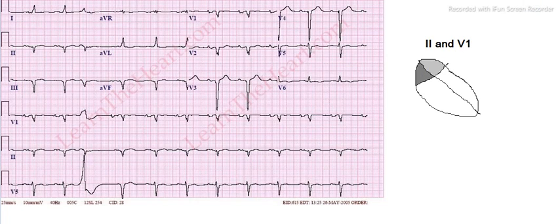When we draw a vector from it, the right atrium depolarization will be in this direction and left atrium depolarization will be in this direction. And when we take the resultant vector, it will be going in this direction. This is the vector of atrial depolarization going from topmost right to the downmost left.